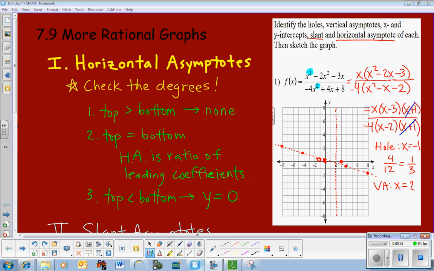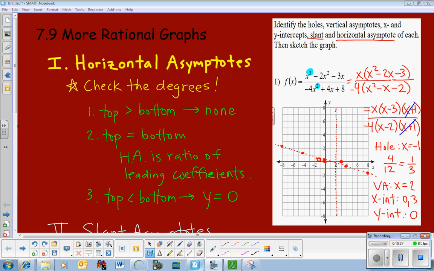Y-intercepts are the values that you get when x becomes 0, and the top is 0 when x is 0. If there's an x-intercept of 0, then there's also a y-intercept of 0. So that point I've already taken care of. My x-intercepts were 0 and 3, and my y-intercept is just 0.